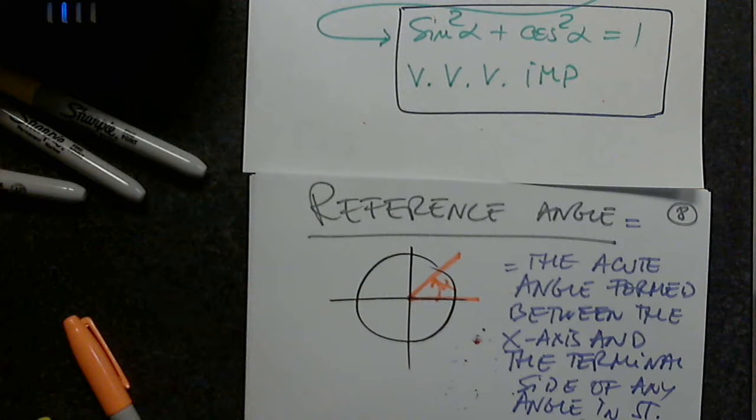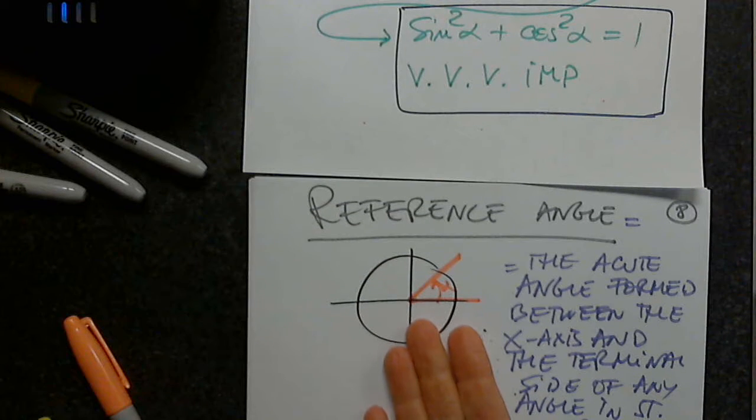Okay, let's read this again. What is the reference angle? The reference angle is the acute angle formed between the x-axis and the terminal side of any angle in standard position. Okay, so is this an angle in standard position? What will be the reference angle of alpha formed between the x-axis and its terminal side?